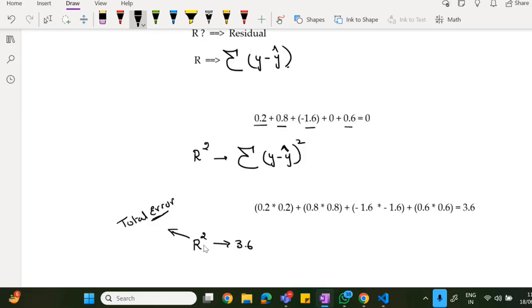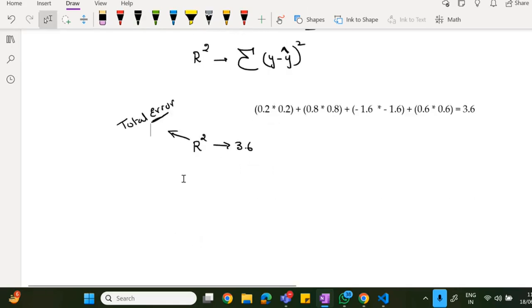That is R square. R square is an error detection mechanism, called the error matrix, and this formula is this.